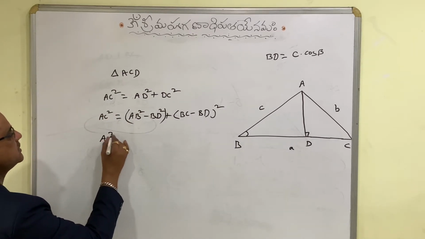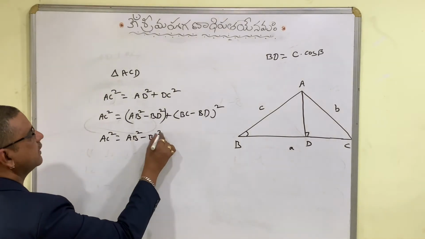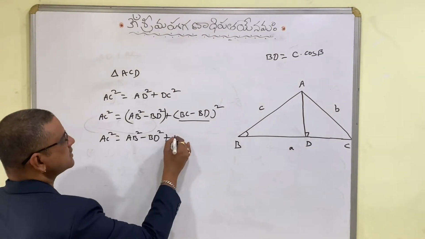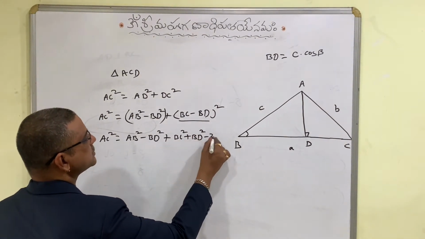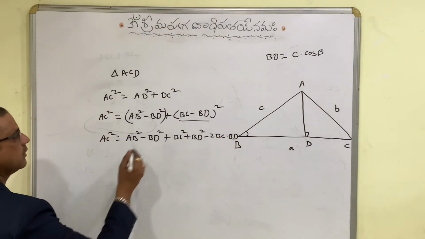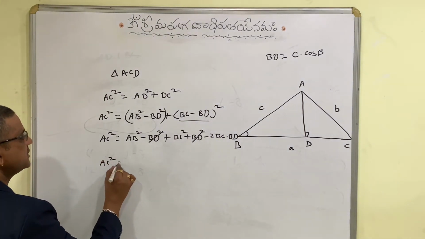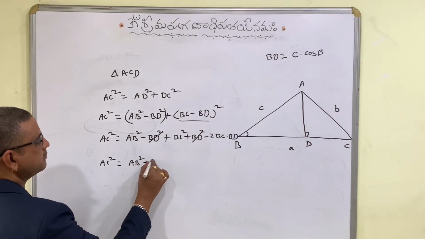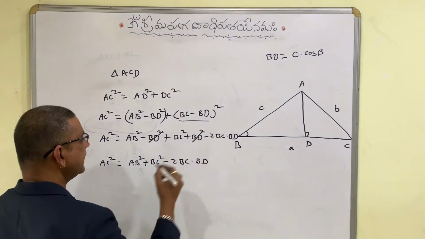Now AC square is equal to AB square minus BD square plus, this is in the form of (a minus b) whole square, so expand it: a square plus b square minus 2ab, minus BD square. Now minus BD square and plus BD square get cancelled. AC square is equal to AB square plus BC square minus 2 BC into BD.